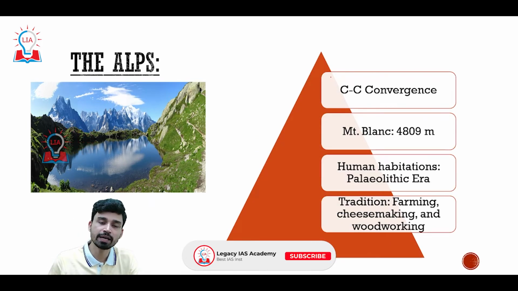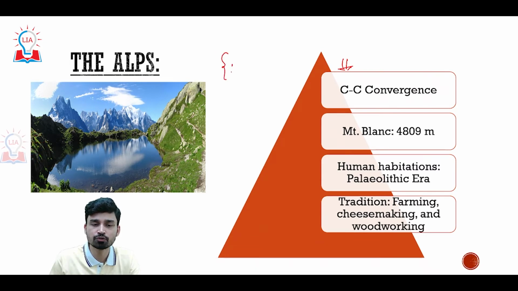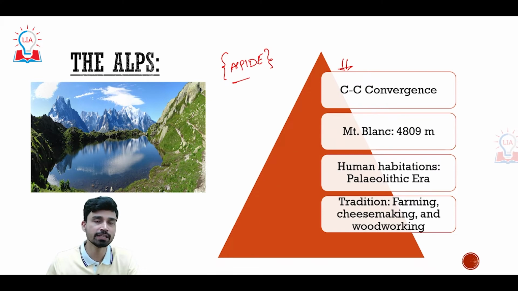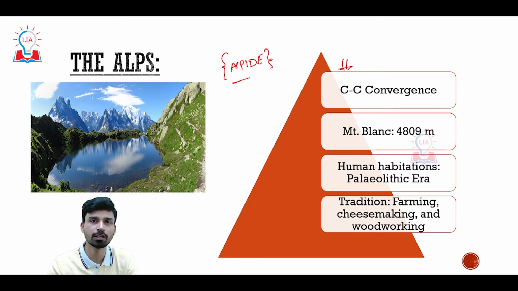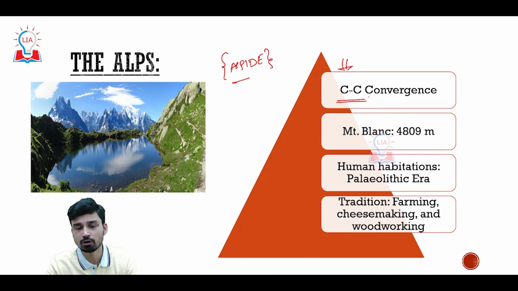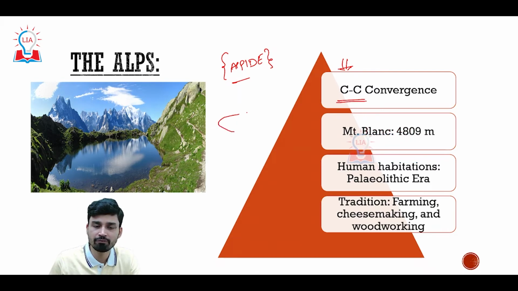If we try to understand the development of this mountain, how this mountain has originated, the Alps is actually a mountain that belongs to something that is referred to as the Alpide chain. The Alpide chain is a long chain of mountains extending all the way from the Himalayas and even the Arakan mountains in Myanmar, then going all the way to Central Asia and up to Europe. It has formed due to the process of continental convergence, where the African plate in the south comes toward the north and collides with the Eurasian plate.